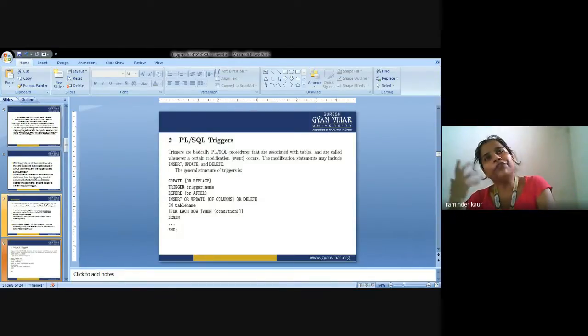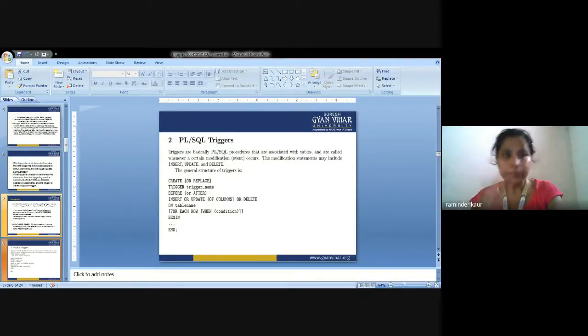Now the question that comes to my mind is what a PL SQL block consists of. I am talking about blocks again and again, and that is true in PL SQL. So what is that block, what does it consist of, and how is it comprised?